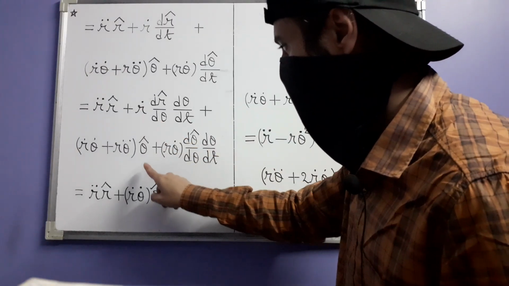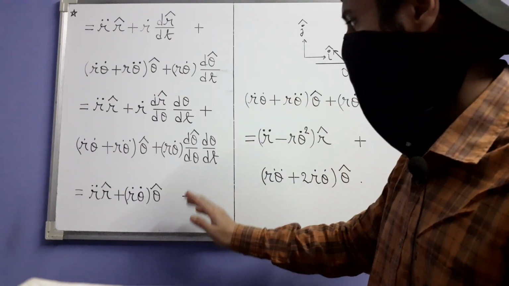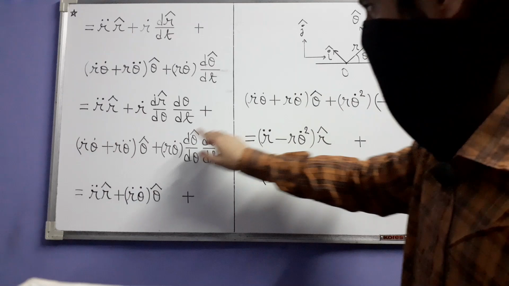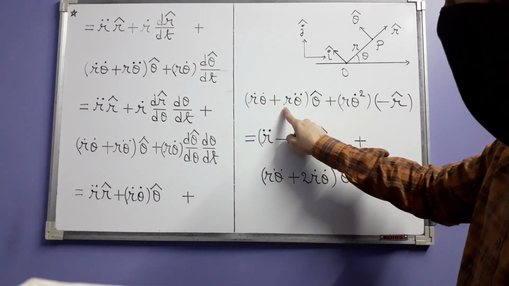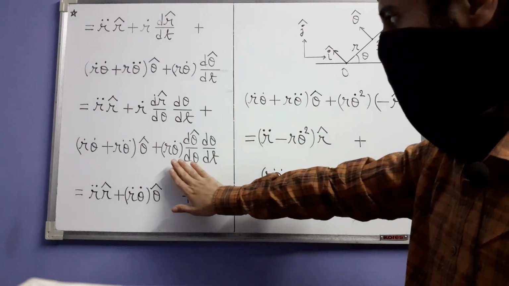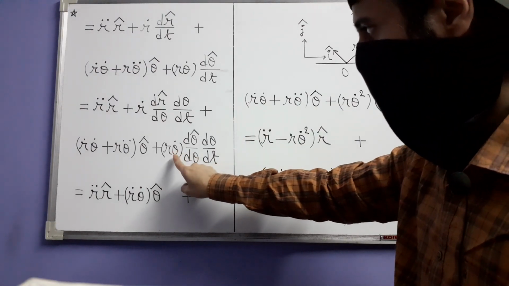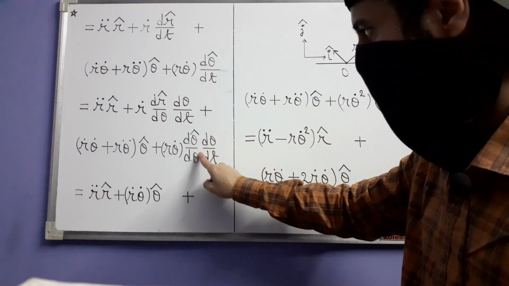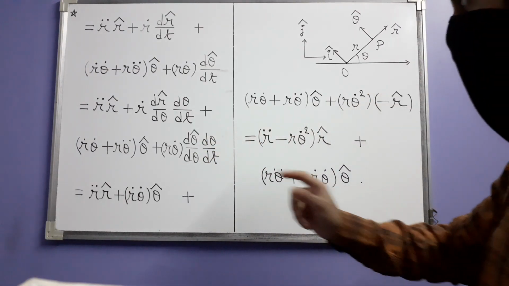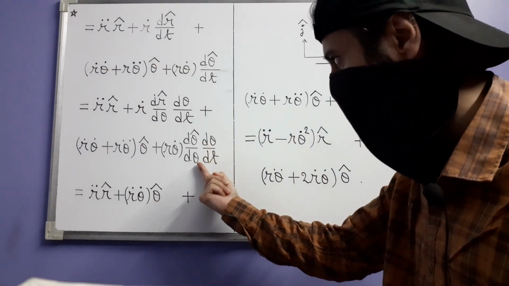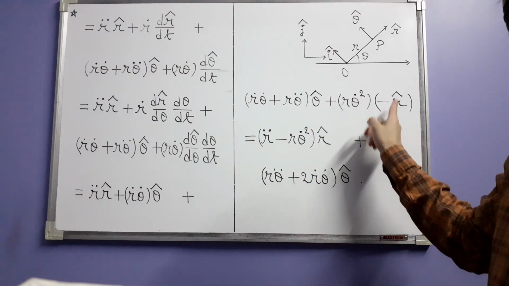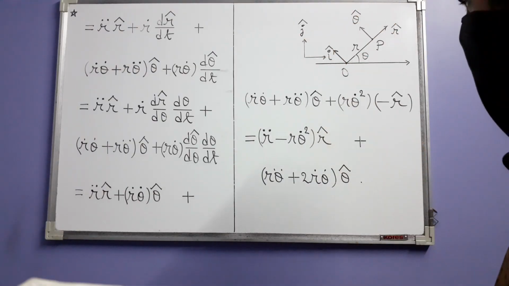This is theta hat plus, and then this part remains the same, r dot theta dot plus r times theta double dot, and outside you have theta hat plus, what is this? You have one theta dot here, another theta dot you are getting from here. So r times theta dot square, and what is this? d theta hat d theta is minus r hat. You remember that previous calculation.